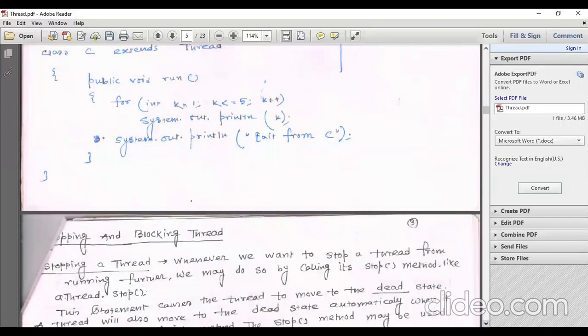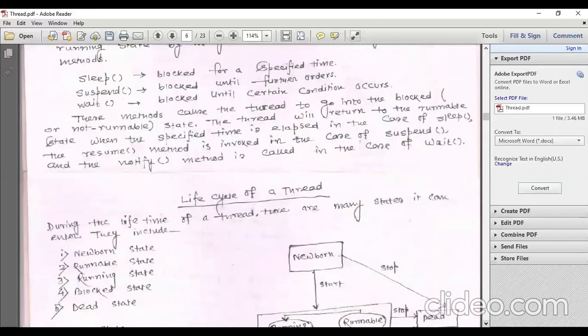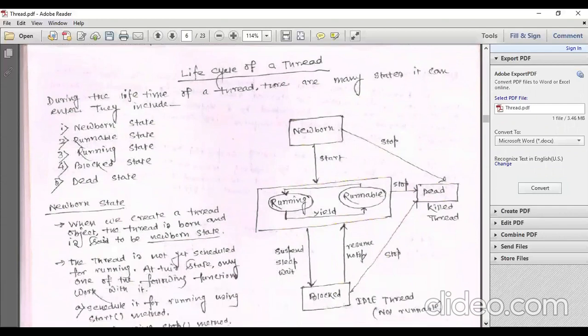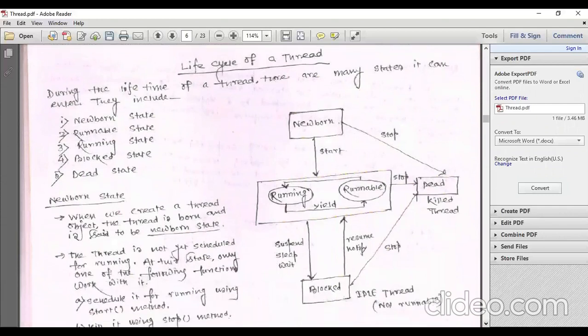First, let me explain the diagram. Then I will come to the different states of the life cycle of a thread. Look, the first state is the newborn state. I hope the screen is visible to you.